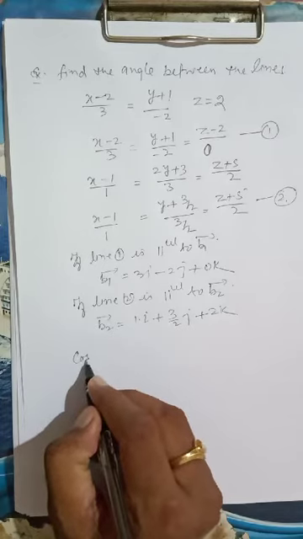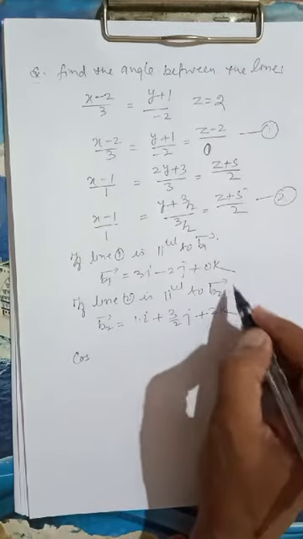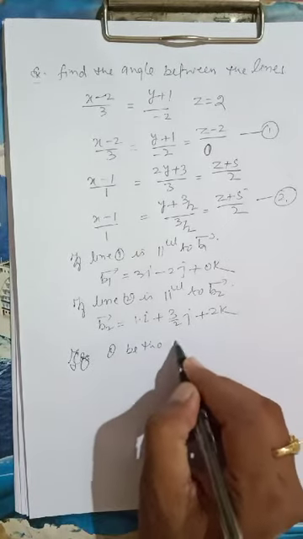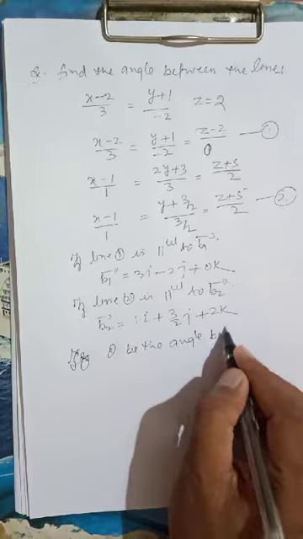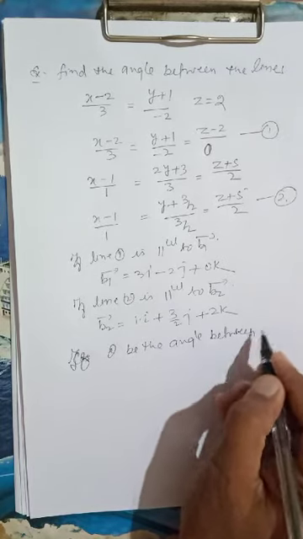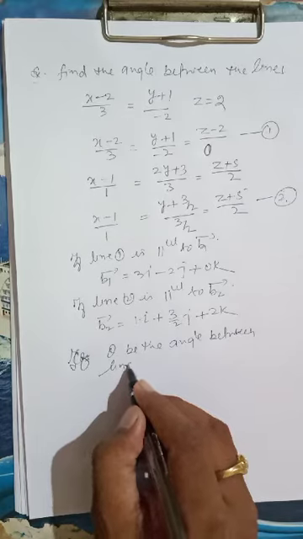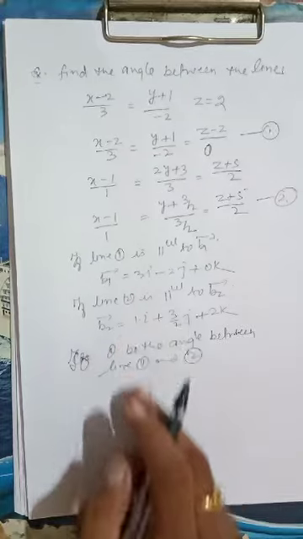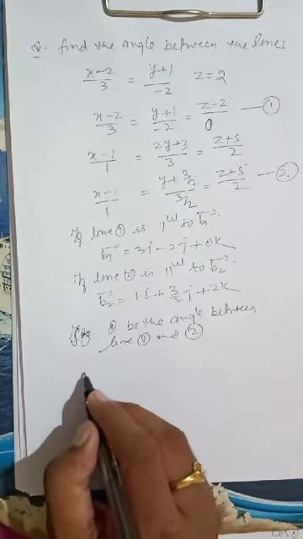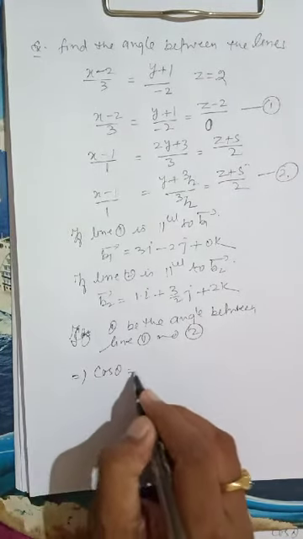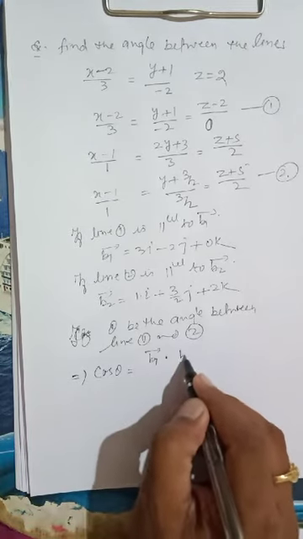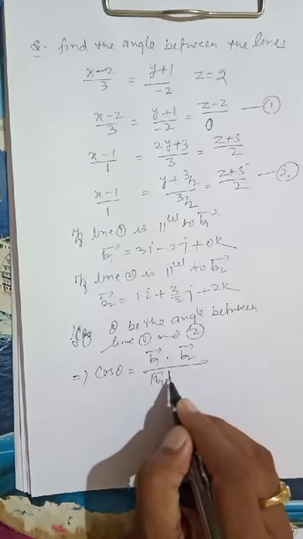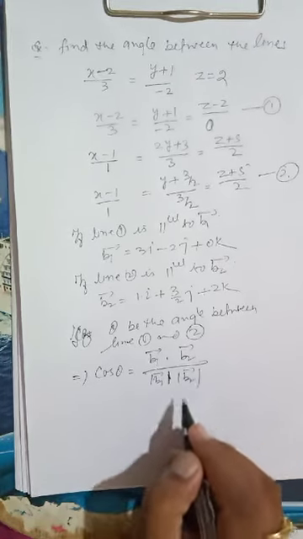So I use the result, if theta be the angle between line 1 and 2, then theta is also the angle between b1 and b2. So I use the result, cos theta is equal to b1 vector dot b2 vector upon modulus of b1 vector into modulus of b2 vector.